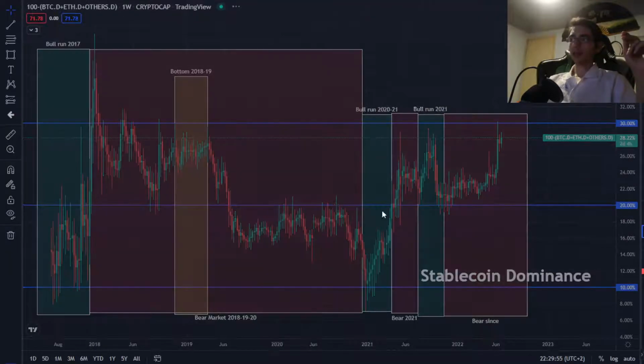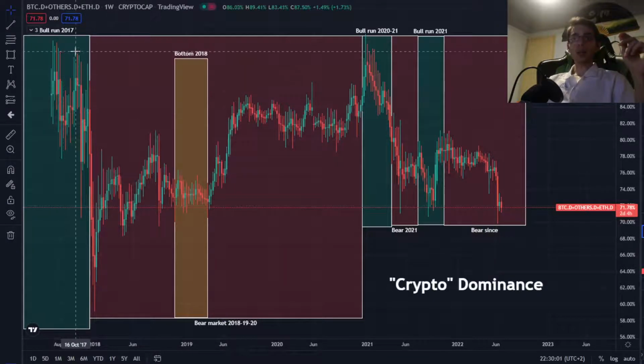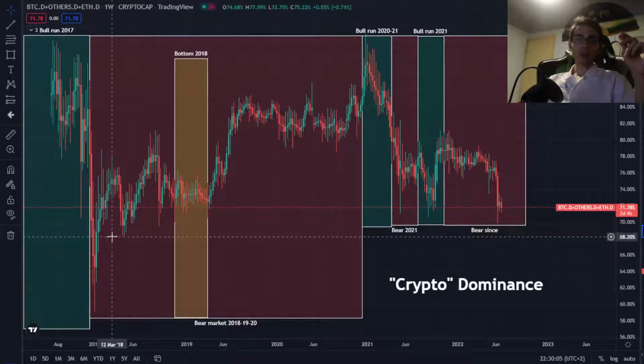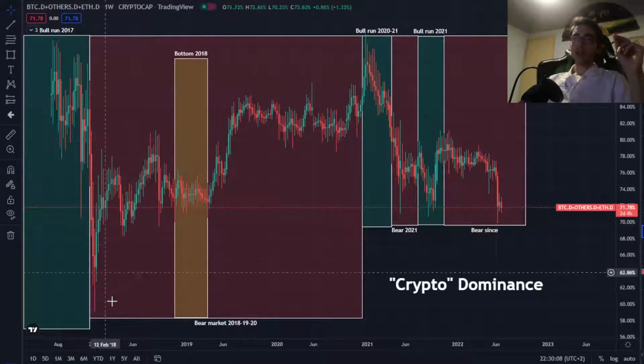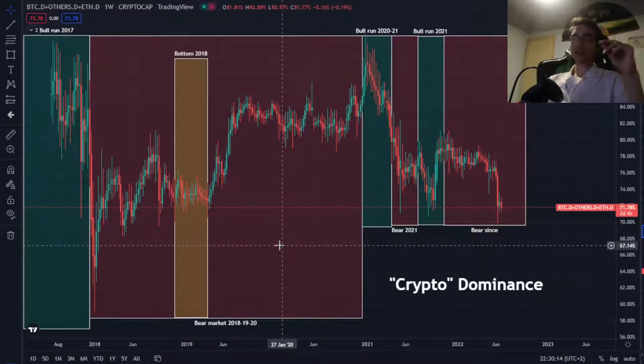That means that Bitcoin dominance, ETH dominance, and altcoins dominance were declining. Meanwhile, we were reaching the top, and also one or two weeks later, when we experienced a little bit of the first downturn since the all-time high.